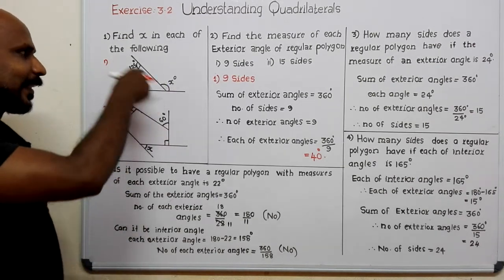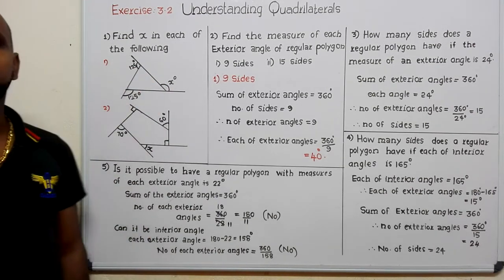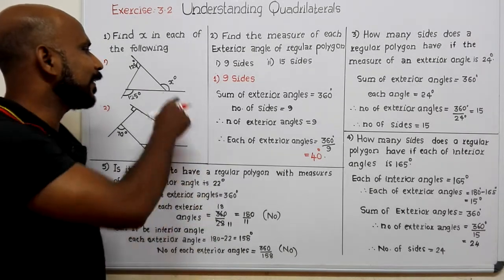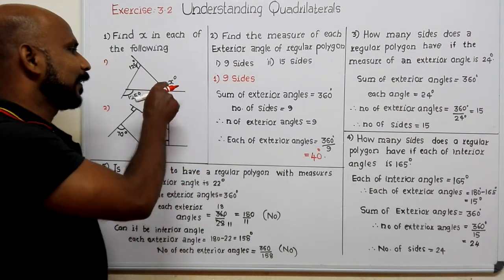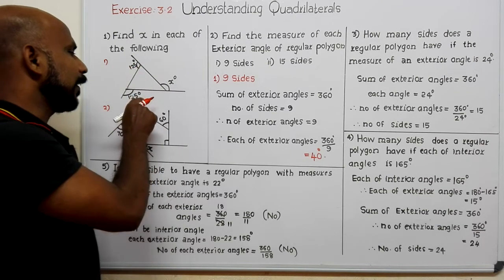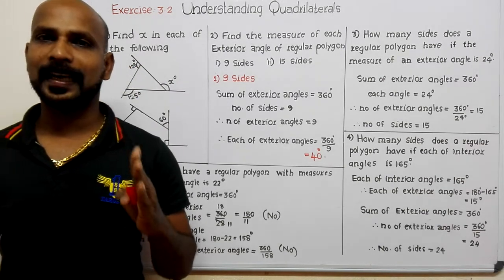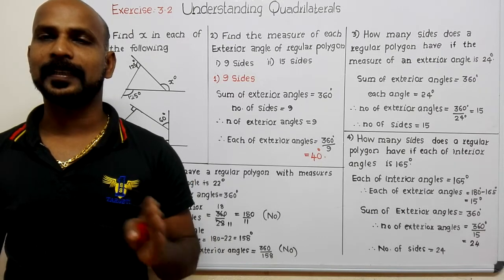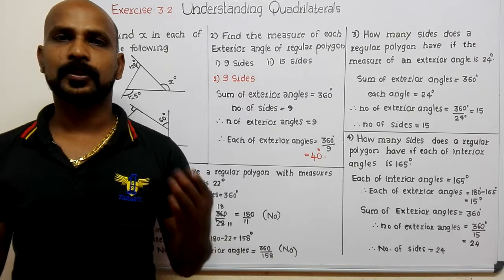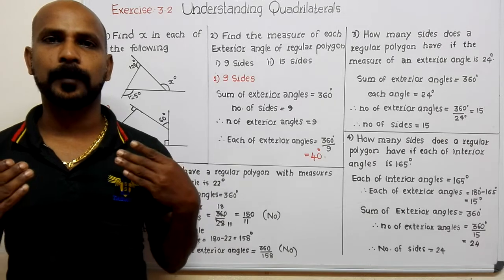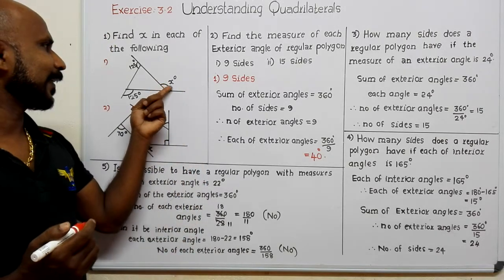You can see here a triangle, a polygon of three sides, and its exterior angles: x, 125, 125. We know that the sum of the exterior angles of any polygon is equal to 360 degrees. So how can we do this problem? We will see the exterior angles.